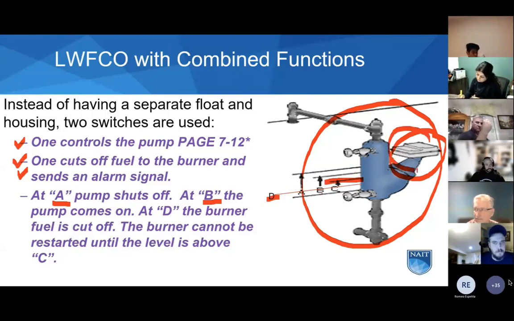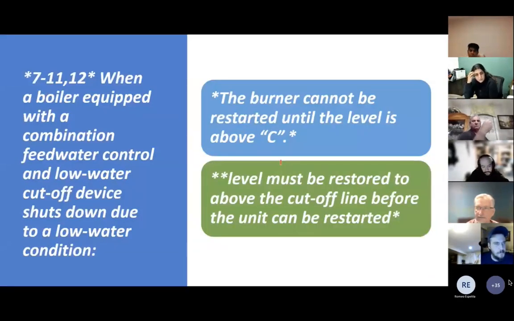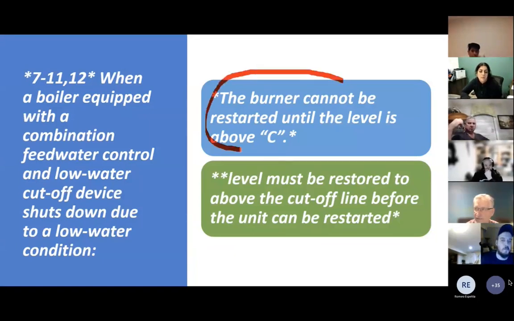And be aware some of these devices in certain situations have a little lever on the top. If they're tripped under certain conditions, you can't start the boiler unless you reset that trip. If a boiler is equipped with a combination feed water control that also controls a low water fuel cutoff device, the burner cannot be restarted until the level goes up above the C line.